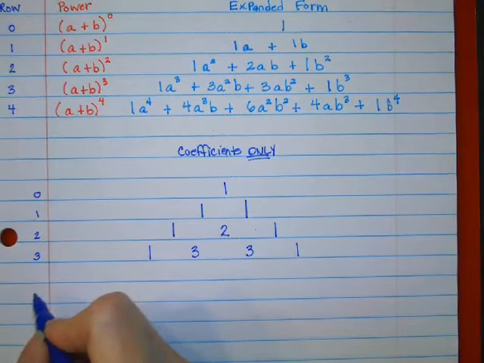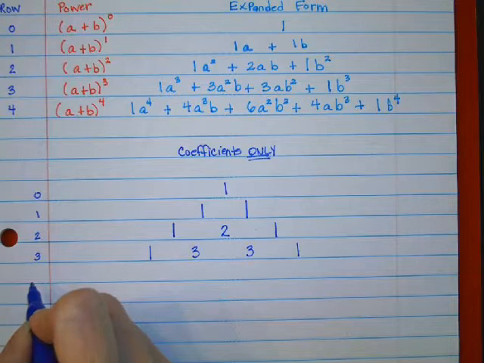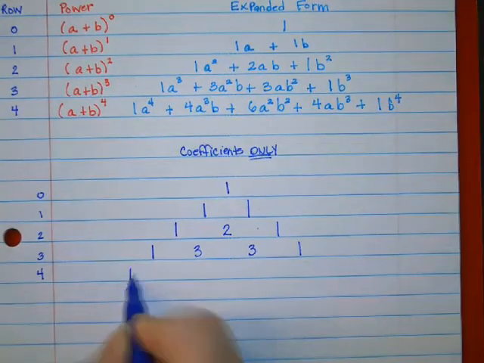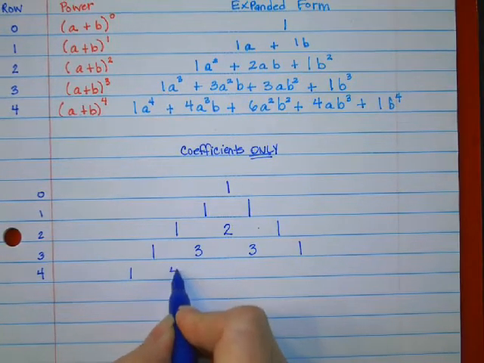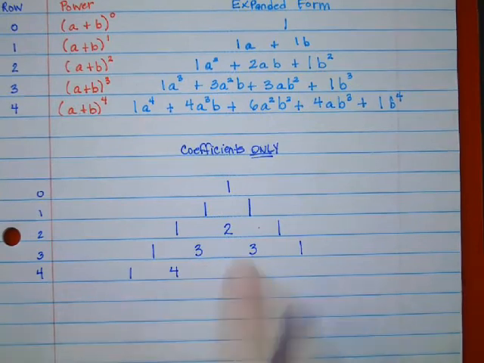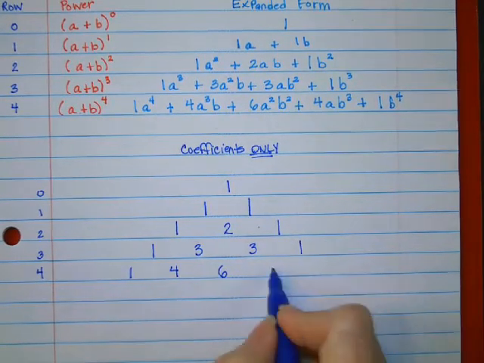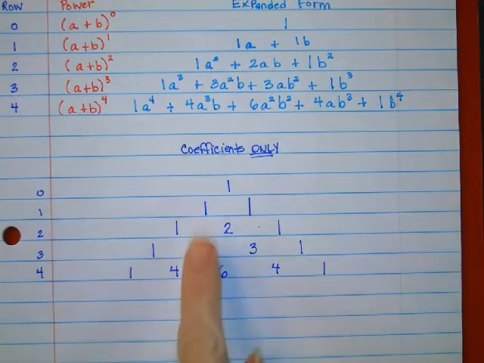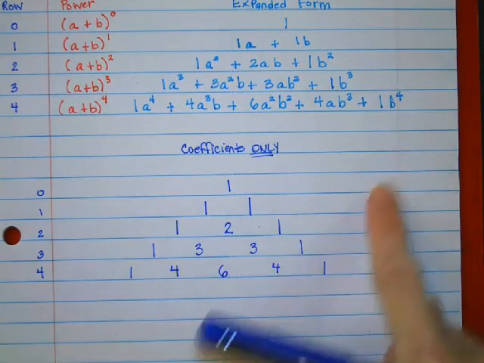All right, to go to row 4, we start out here with 1. We add 1 plus 3, that's right, 4. 3 plus 3, that's 6. 3 plus 1, that's 4. And then we end with 1. So look, 1, 4, 6, 4, 1.